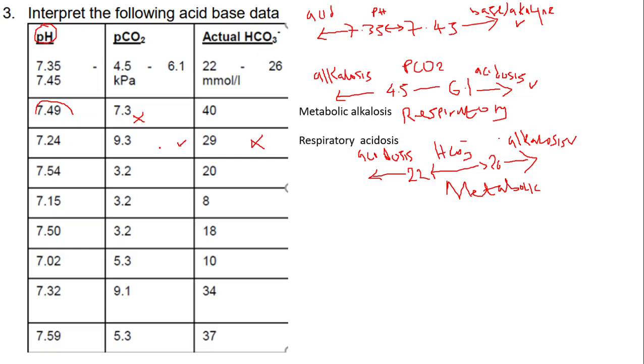Similar thing, I'll just do the last one. 7.54, the pH is in alkalosis. Then 3.2 is alkalosis. So just directly, it's giving us respiratory alkalosis. This is simple.